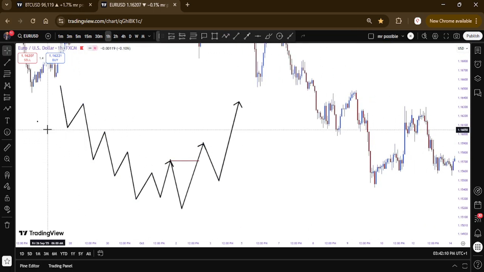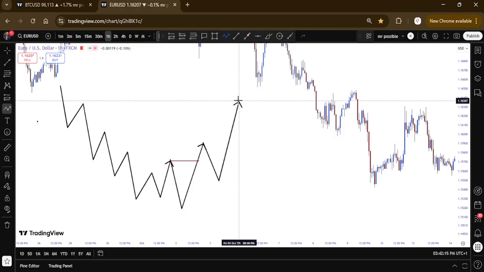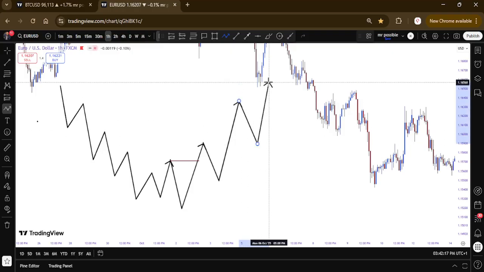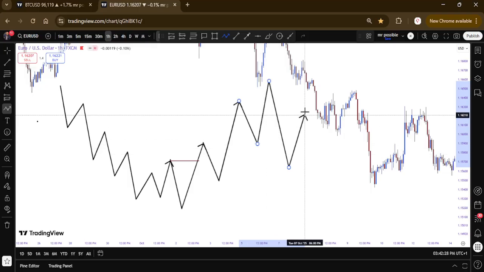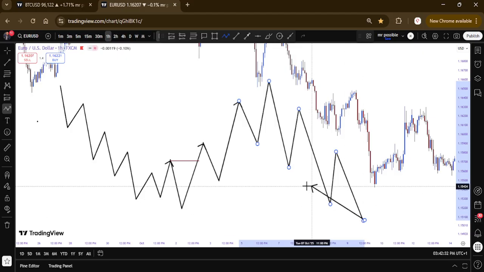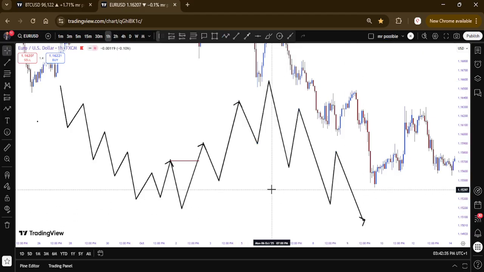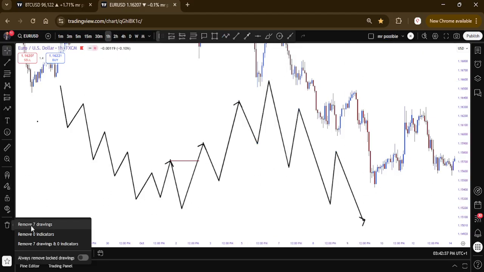Same thing in a bullish trend. When the market is trending and then price comes and breaks a major or a valid support zone, once price breaks this valid support zone, that is when I will be able to know that price wants to reverse. You understand? So please, this is something you need to always look out for whenever you're taking a trade or carrying out an analysis in the market.